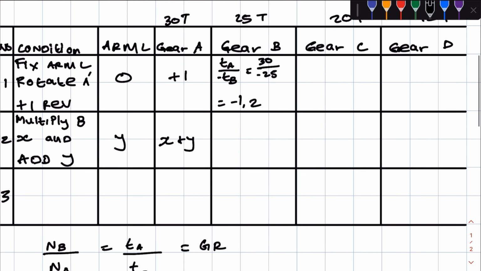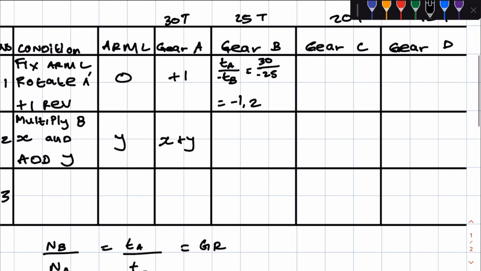X times 0 is 0, then when you add y, you get y. Then we do the same thing for the other gears. For gear A, x times 1 is x, then you add y. Then x times minus 1,2 is minus 1,2x, then you add y.